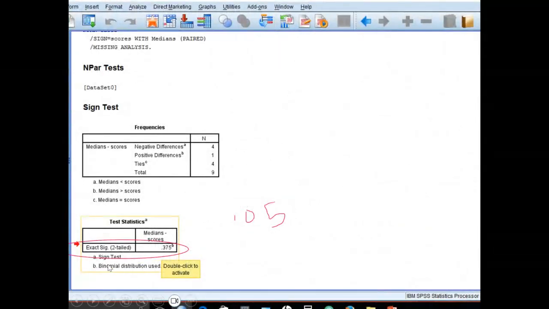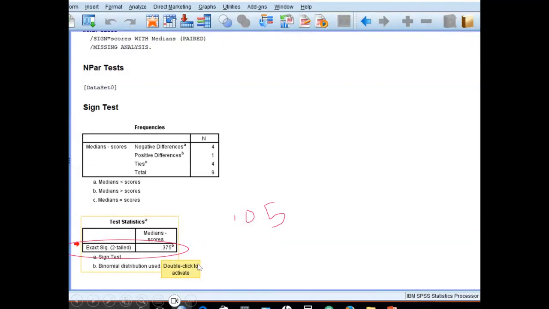As you can see, it says Exact Significance, two-tail, 0.375. Once again, we compare this p-value, that's Sig, with alpha. Alpha is 0.05.